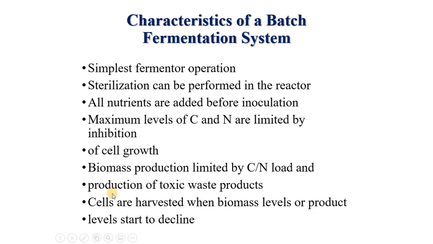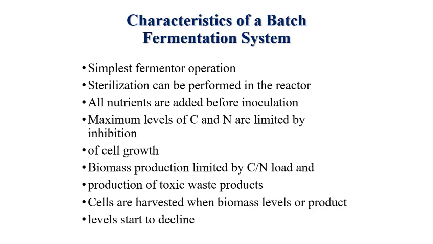Biomass production is limited by the carbon and nitrogen load, and the production of toxic waste products can be limited. The cells are harvested when biomass levels or product levels start to decline. That threshold or optimum level of the biomass or product can be considered for stopping the batch fermentation process.